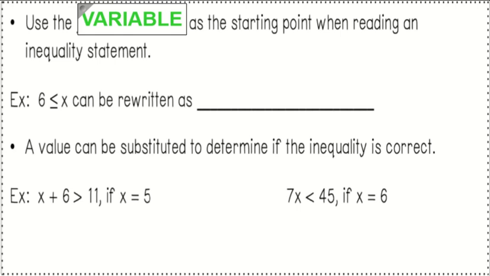We need that x first. That means then the 6 would be at the end. Everybody clear on that part? Easy enough, right? We just kind of flip it around. Now, here's where it gets tricky. The inequality sign. Right here, that's less than or equal to. What do I need right there?